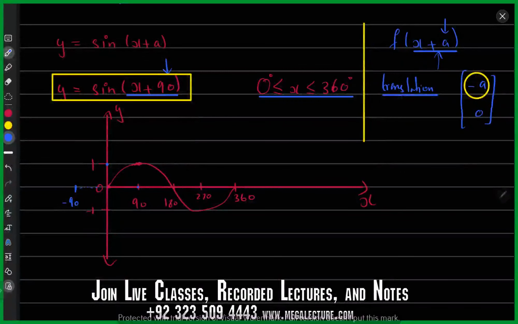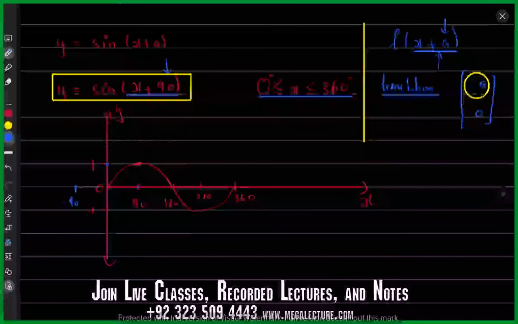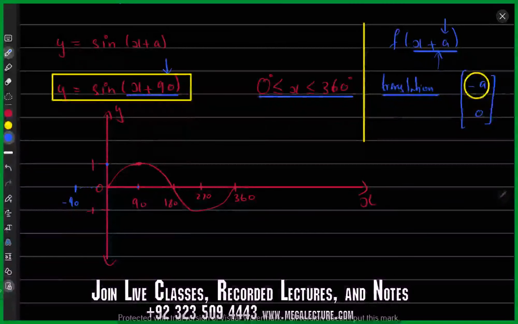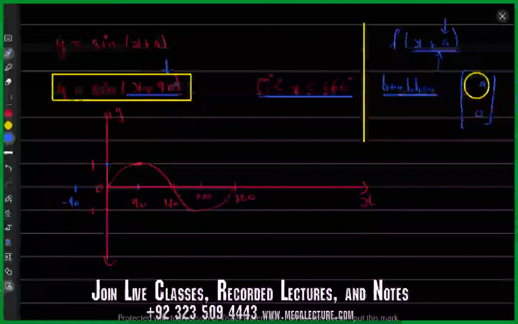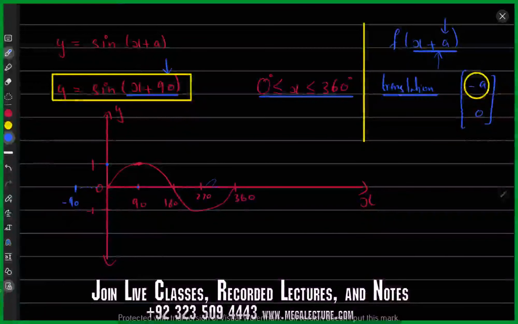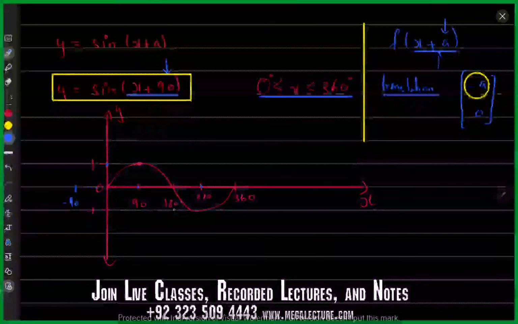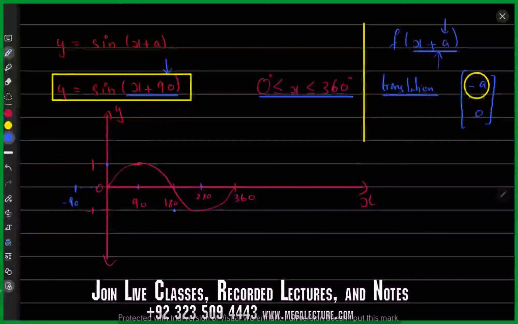Then what would be happening? If I talk about this point, that was at 270. I will move this 90 units behind and it would come over here.